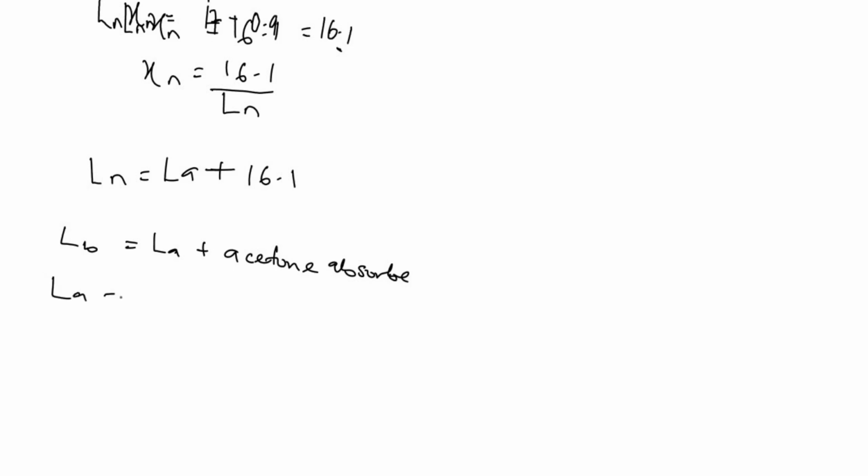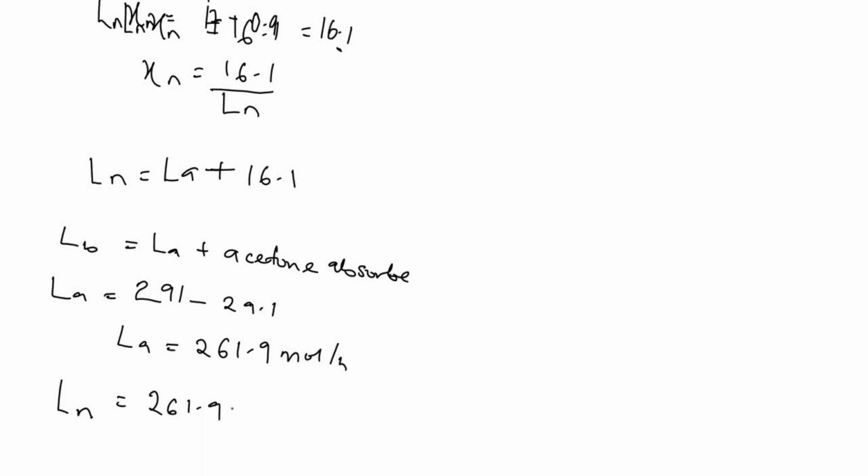Therefore, LA is now equal to Lb, which we have calculated earlier to be 291, minus 29.1. 291 minus 29.1 is 261.9 mole per hour. So now I have found the value of my LA. So Ln is equal to LA, 261.9, plus 16.1, which is equal to 278.